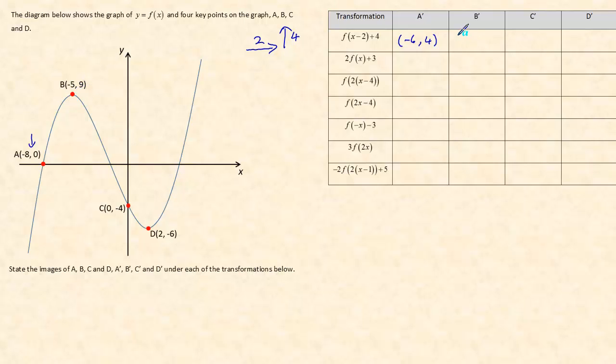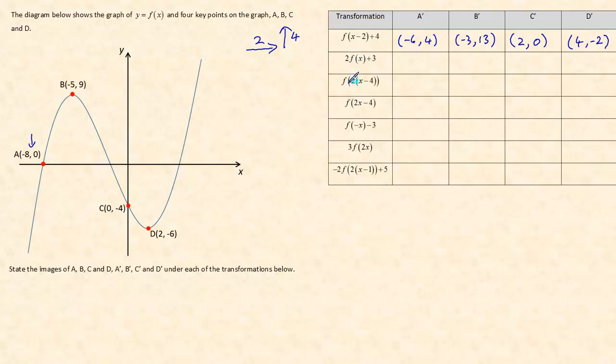Here, that's going to give us negative 3 and 13. This one would give us 2 and 0, and then this one would give us 4 and negative 2.